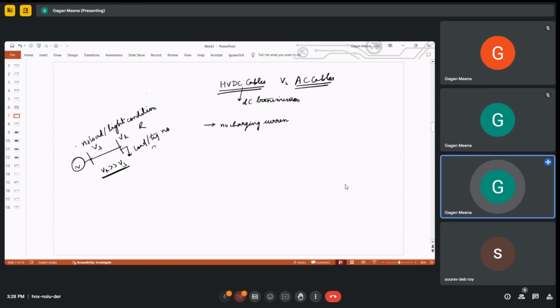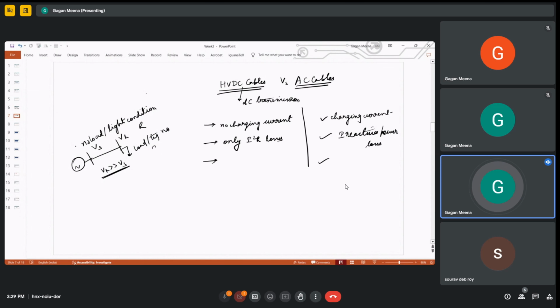With DC, they have no L and C components, only I square R loss is there because only resistance is there. No alternating current here. In AC, electric stress distribution is governed by charging current, and even reactive power loss is there.